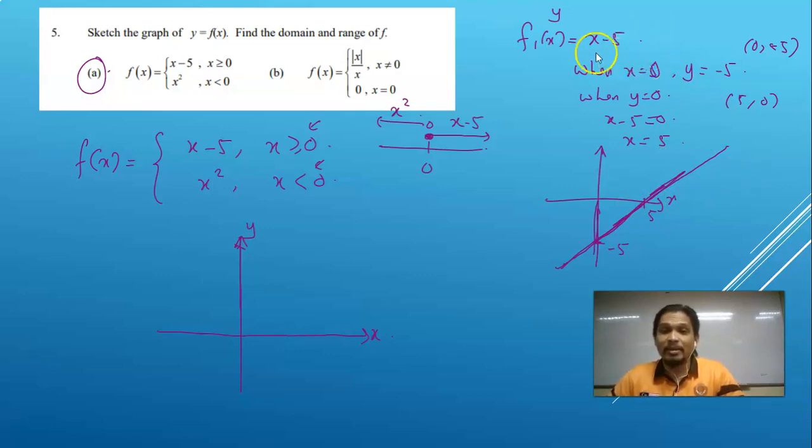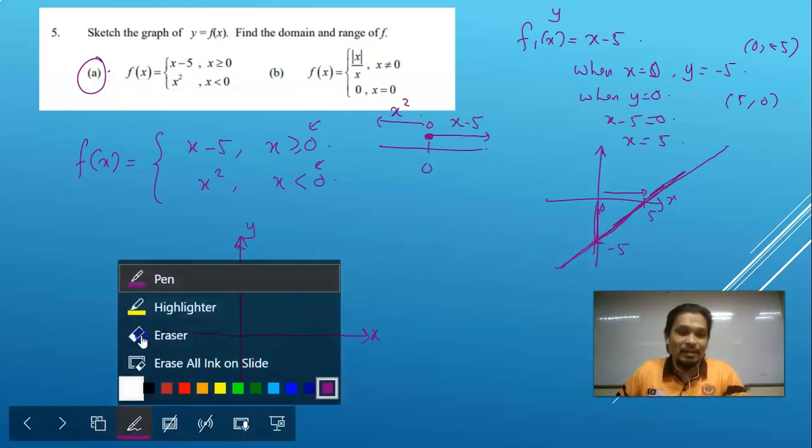Okay, now the thing is, let's get back to the question. The original question here is for x greater than or equal to 0. This is where x equal to 0 and x greater than or equal to 0, where the value of x is from 0 to positive infinity. Meaning the part of the graph of this function which is for x less than 0 here, we are going to delete it.